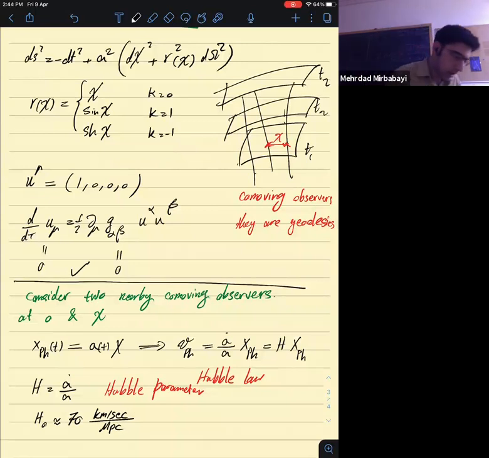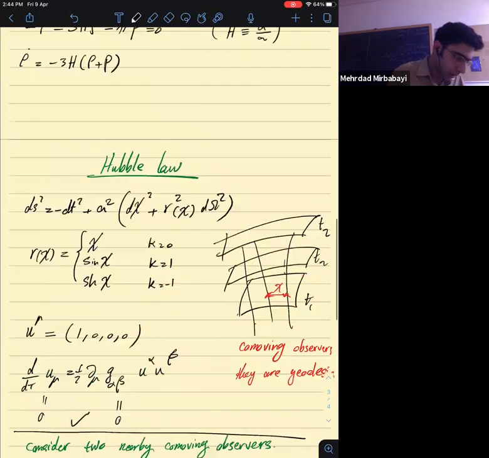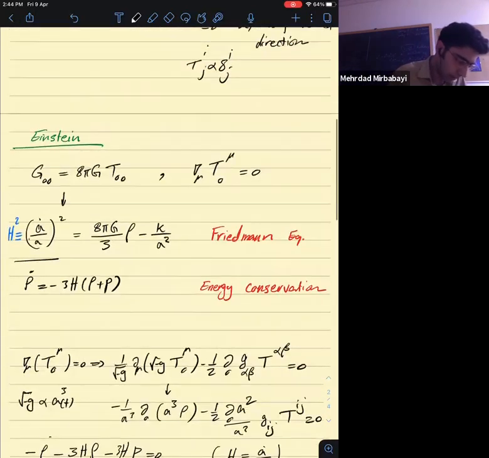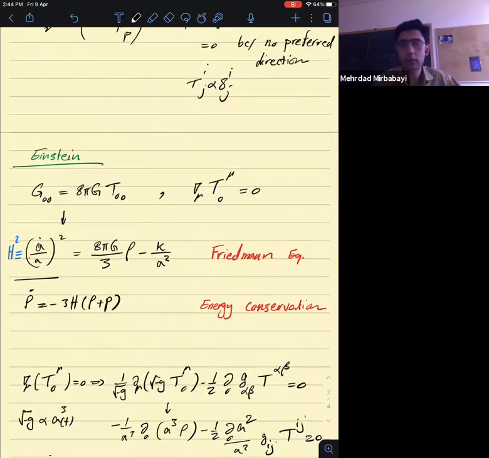Okay. So we had these equations, and the goal when we do a FRW cosmology, or in general when we do cosmology, is to understand the history, to understand what happened before, and then try to predict what will happen in the future.